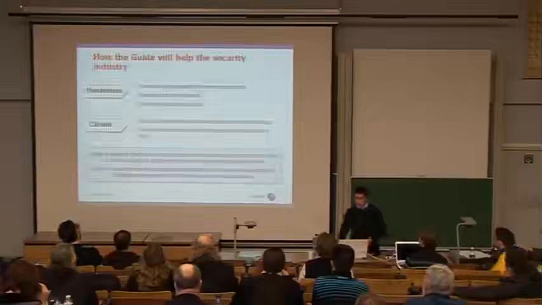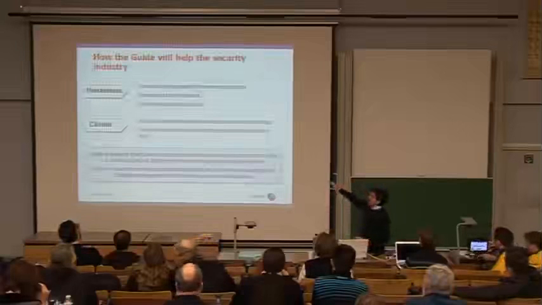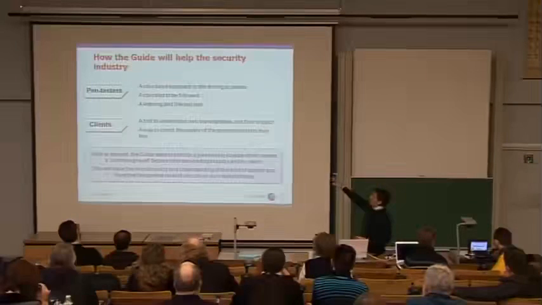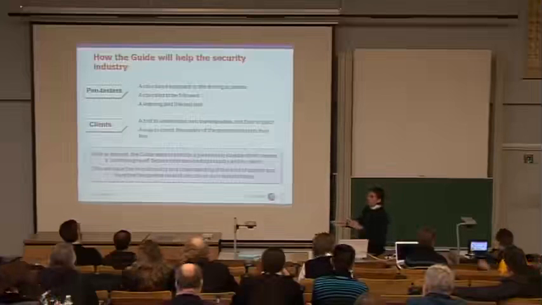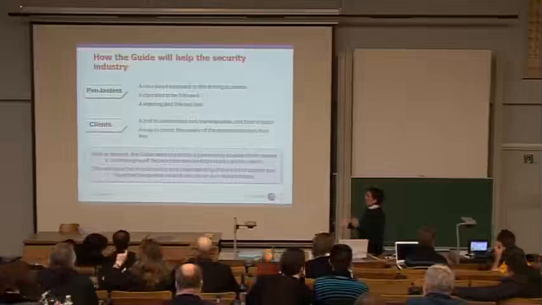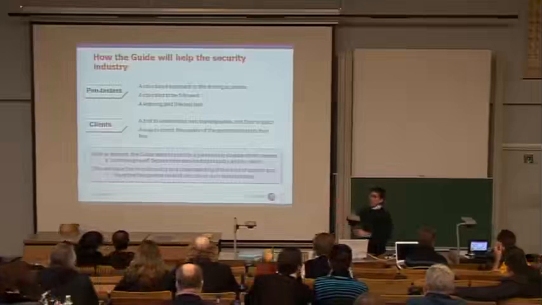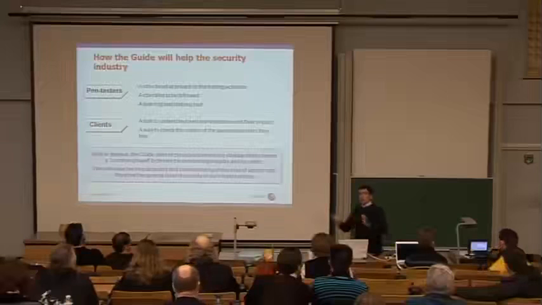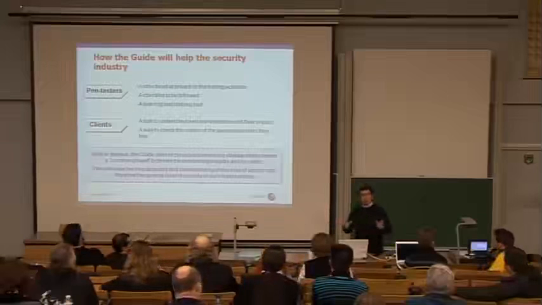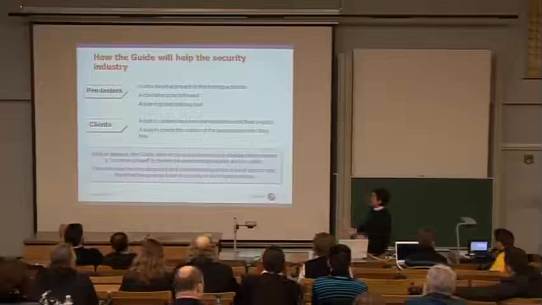So this guide is useful. We think that this guide is useful for the industry, for the pen testers, so the companies that audit web applications, and for the clients. So we have a methodology that is open and shared between the client and the auditor.